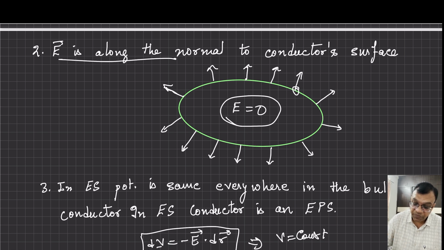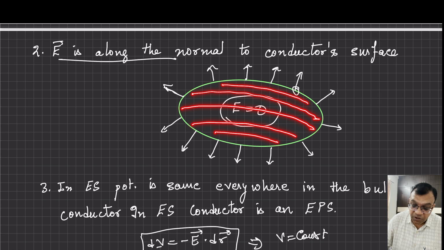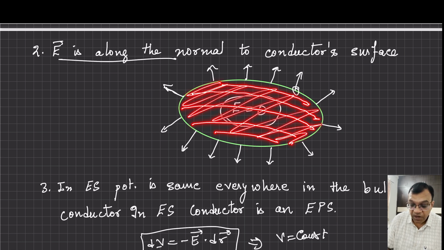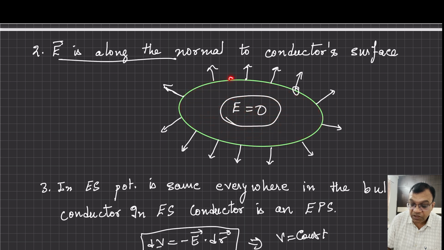It means the potential at all points inside the conductor is the same, and its value is the same as that at the points on the surface. So we can also say the conductor is an equipotential surface in electrostatics.